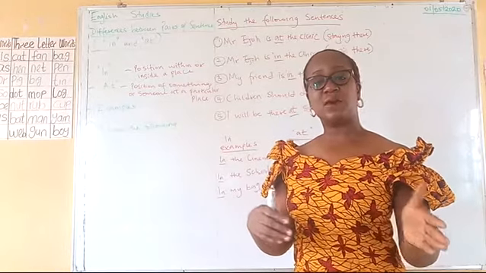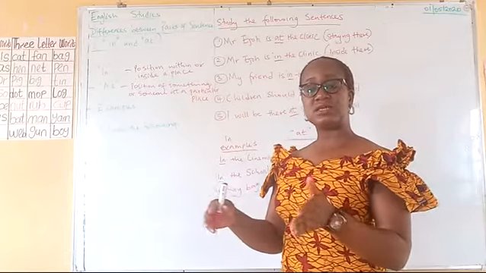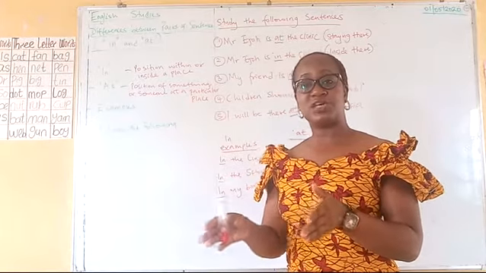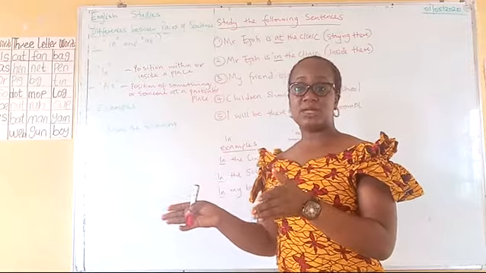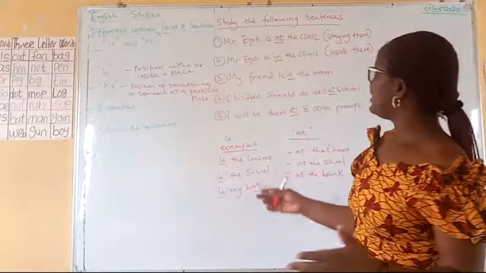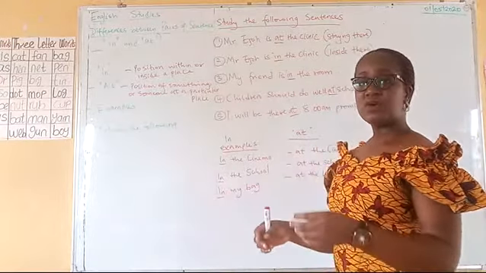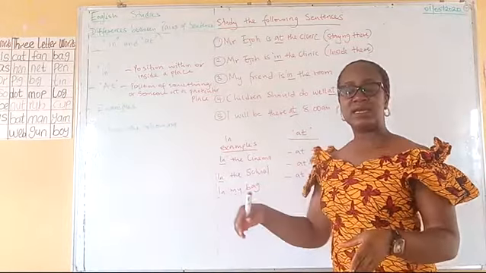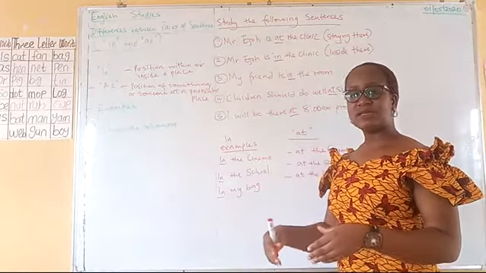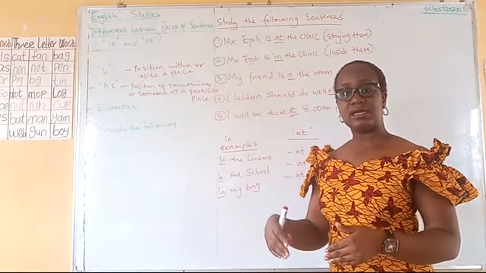Now for at, when you have at in a sentence, it's giving us the specific position at that particular place or time. So when Mr. Ejo is at the clinic, it shows that Mr. Ejo is staying there at that moment. When we have Mr. Ejo in the clinic, it's simply telling us that Mr. Ejo is inside or within the clinic.